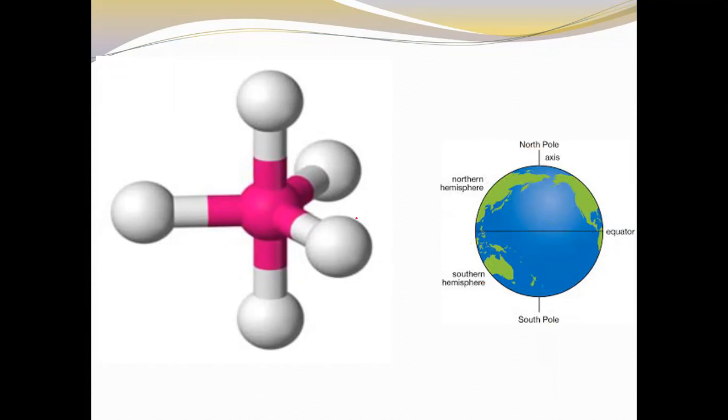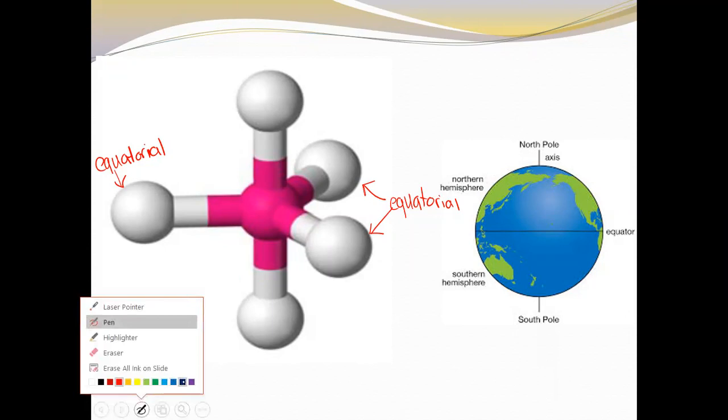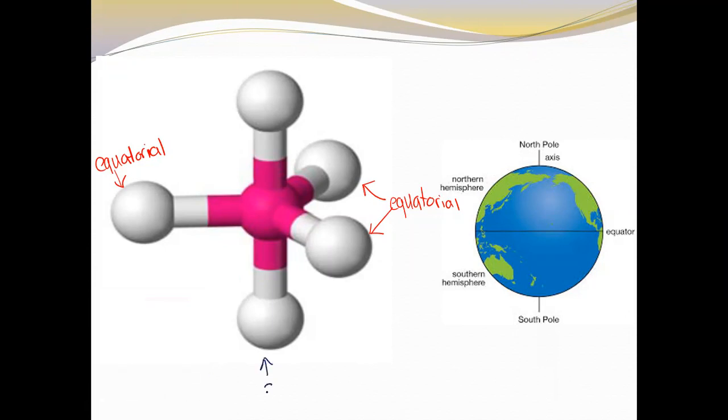So similarly, these atoms that are positioned kind of cutting straight through the molecule are the equatorial atoms, and this one over here is also an equatorial positioned atom. And then the axial, if you think about like the north and south pole axis, so this would be an axial atom.